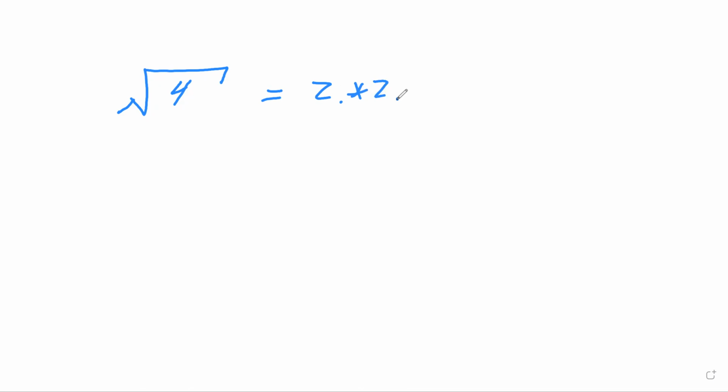equals 4. But how do we deal with that with regards to the idea of an exponent and represent it as a fraction? And if we talk about the same square root of 4, the first thing you want to think about is that there is an implied number that goes there, and that number is a 2. And that's what we mean by square root. What two numbers multiplied together will give you 4.